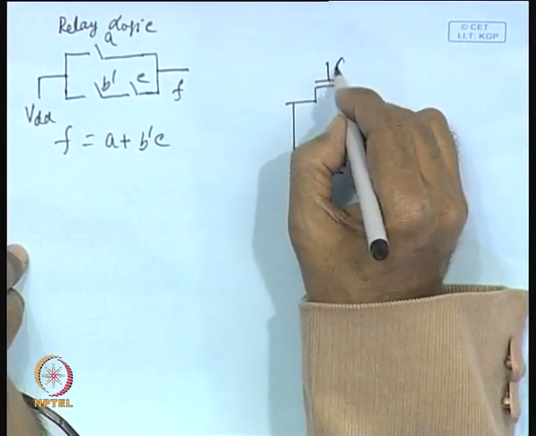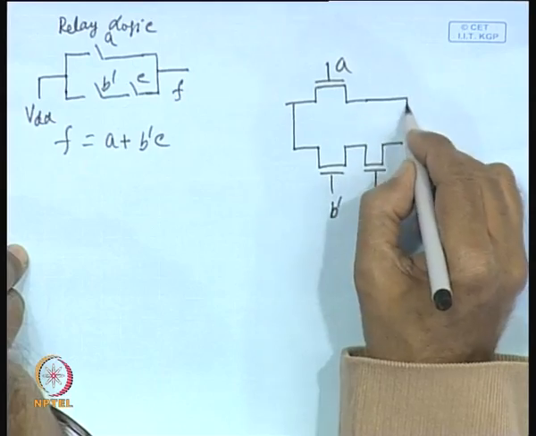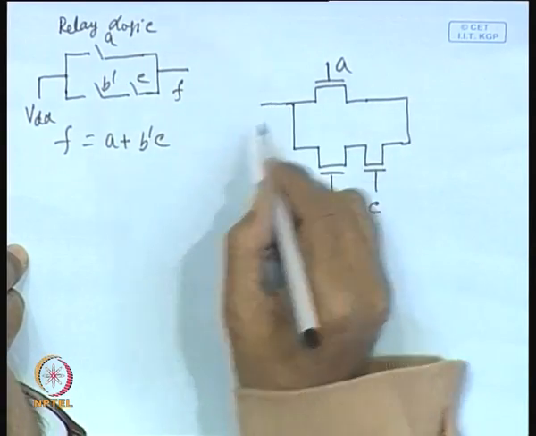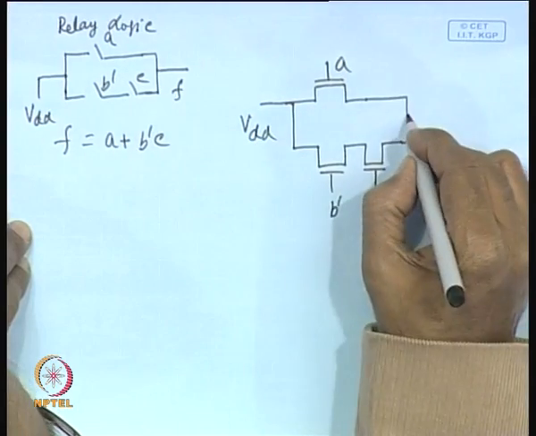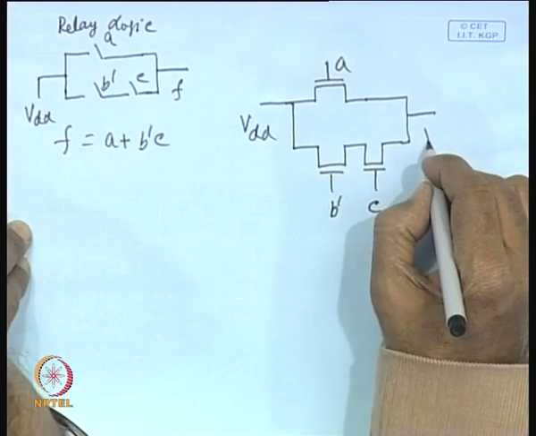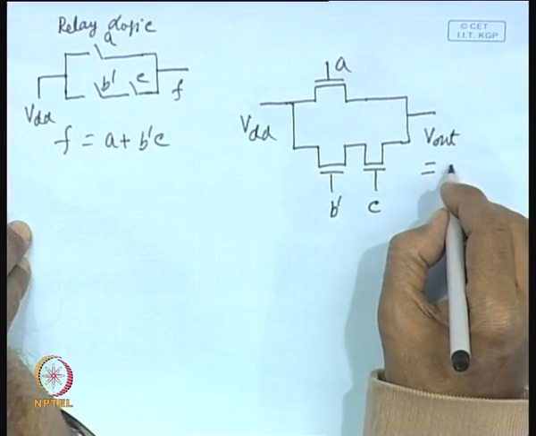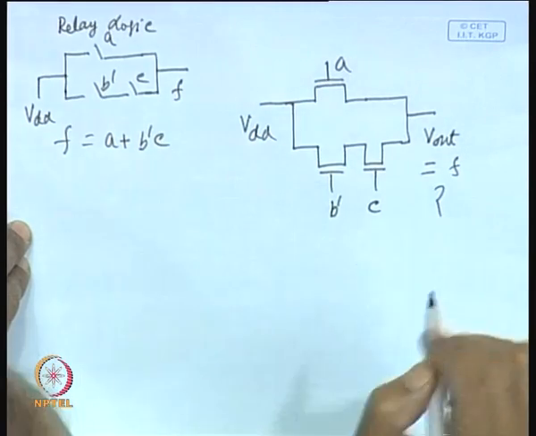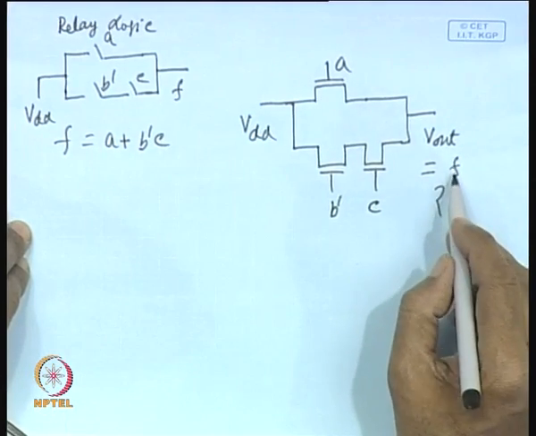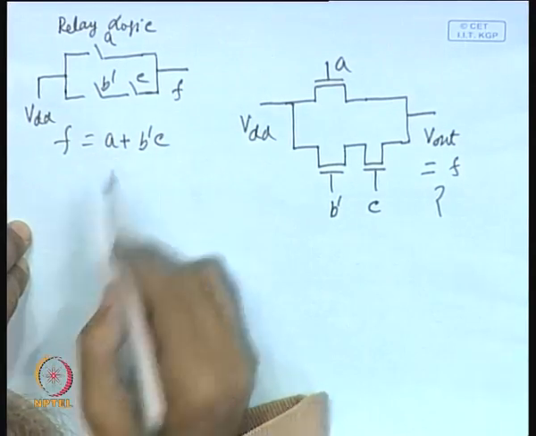Here we apply A, here we apply B dash, here we apply C, and following the convention of relay logic, here we apply VDD, and here we are expecting the output V out. Question is, will V out be equal to f, the function that is shown here? What is the answer?